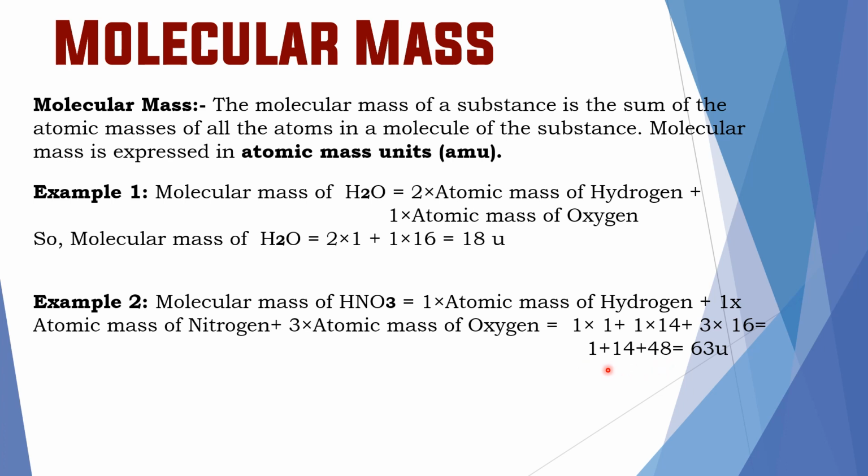When we take the total, we get 63. U is the unit of molecular mass, atomic mass units. So the molecular mass of nitric acid is 63 U.